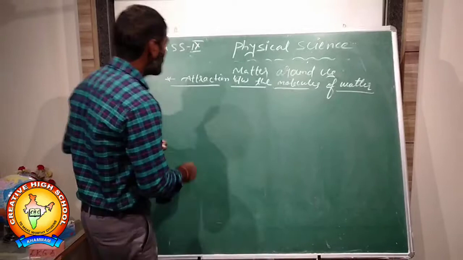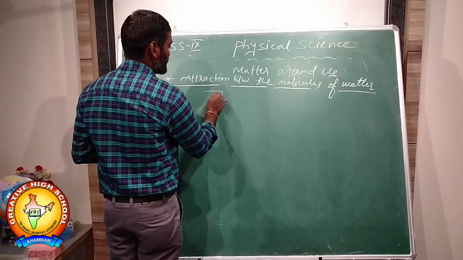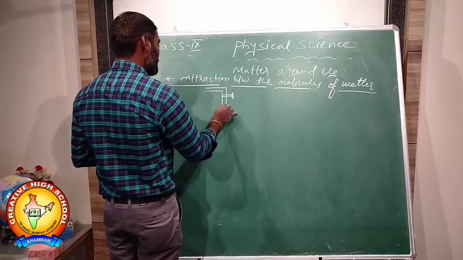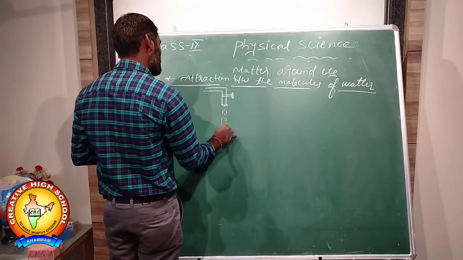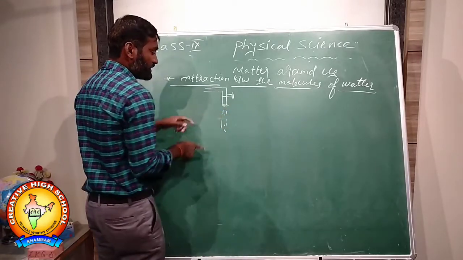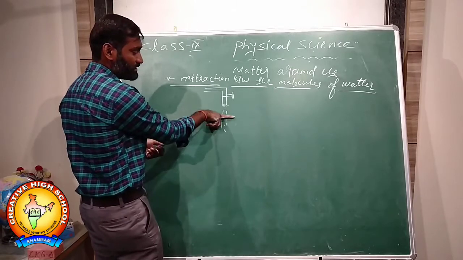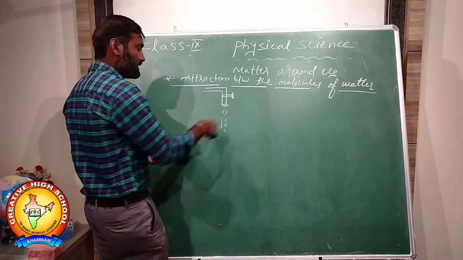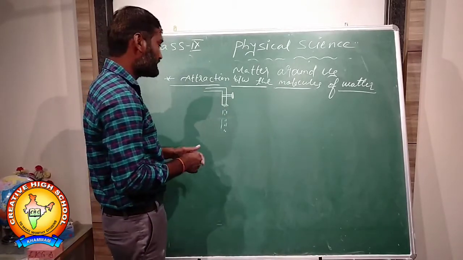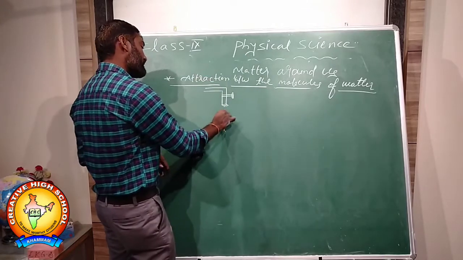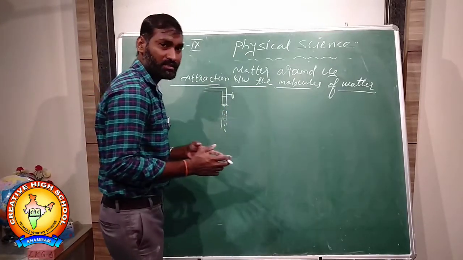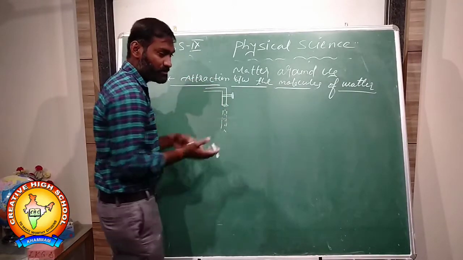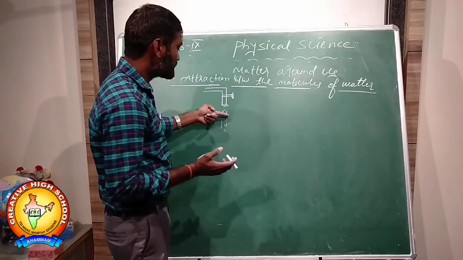For example, water is coming from a tap. Whenever you place a finger there, what happens? The flow will be cut. Then what happens when you take the finger out? It will be attached again and flow continuously. Whenever you place a finger, it breaks, but immediately the molecules attract each other together.